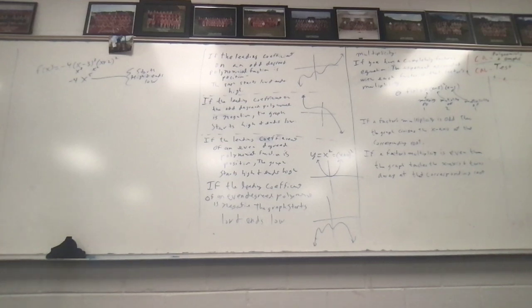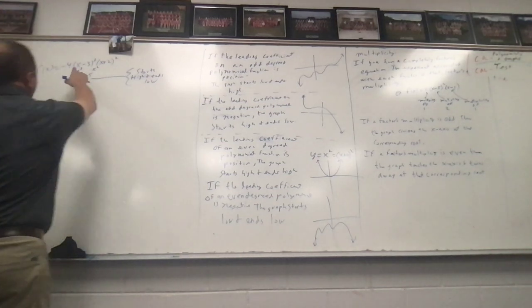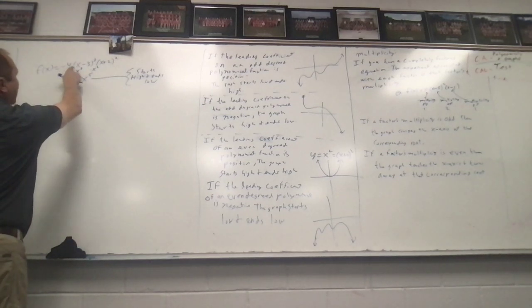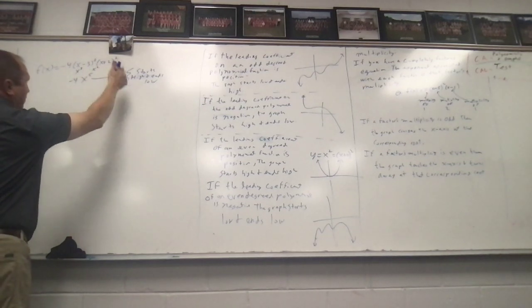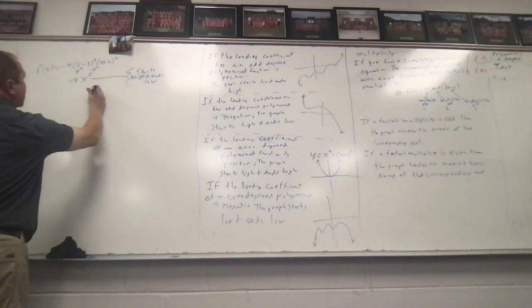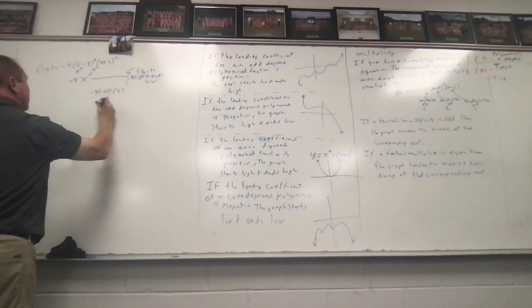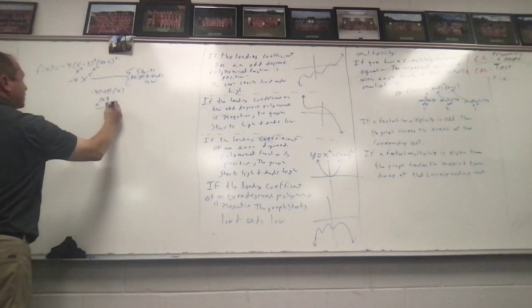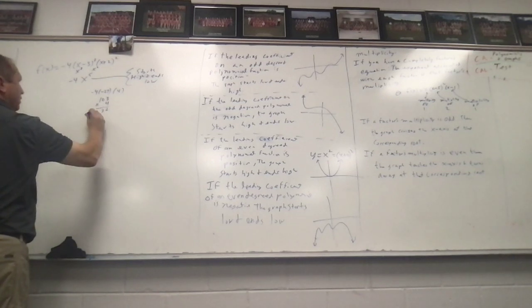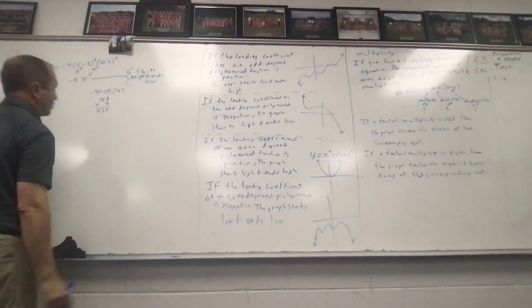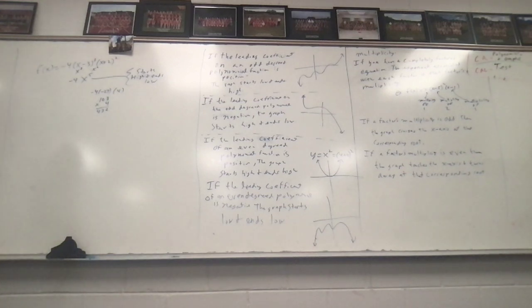So all you have to do is plug in 0 for x, and you would have negative 4 times negative 3 cubed. Negative 3 cubed is negative 27, right? So I have negative 4 times negative 27. That'd be positive 108. And then times 2 squared, which is 4. So 432 would be the y-intercept.